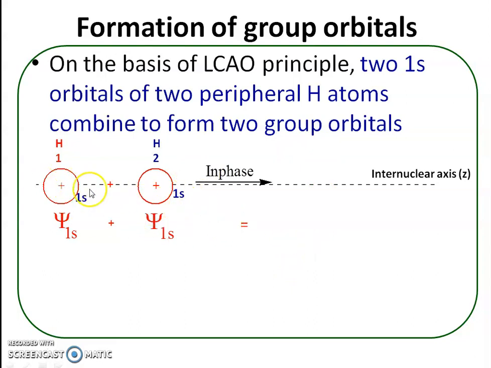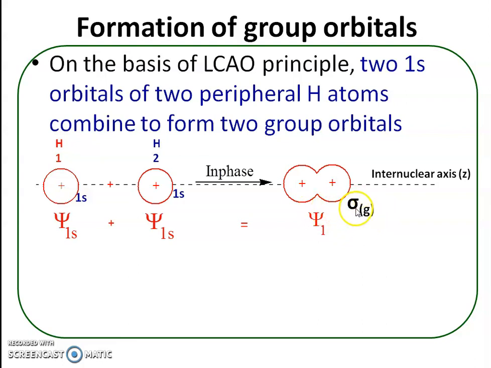And you know, overlapping takes place along the internuclear axis. Lobes are oriented along the internuclear axis. So this is the bonding group orbital, and it is labeled as psi 1. Its name is sigma g.